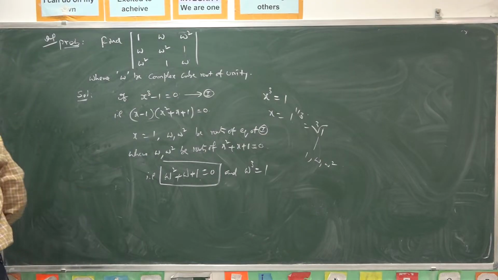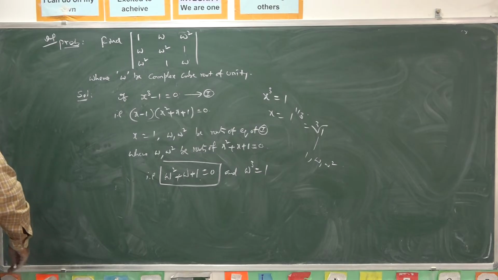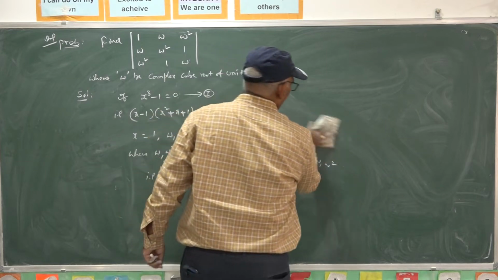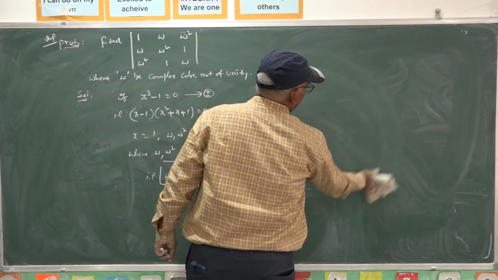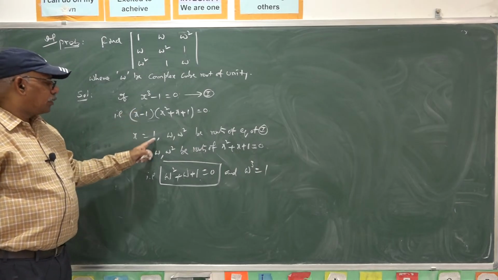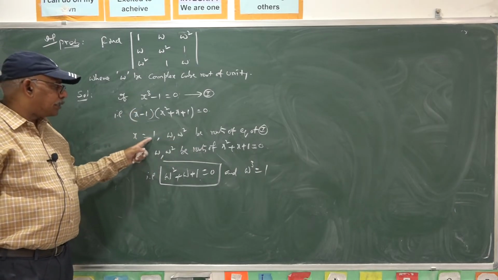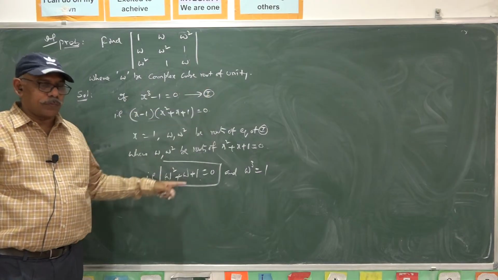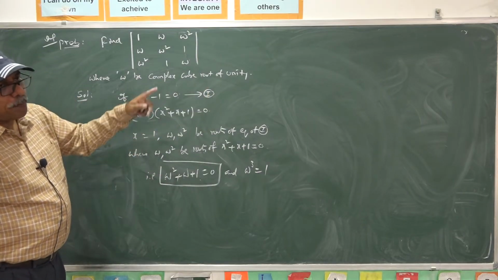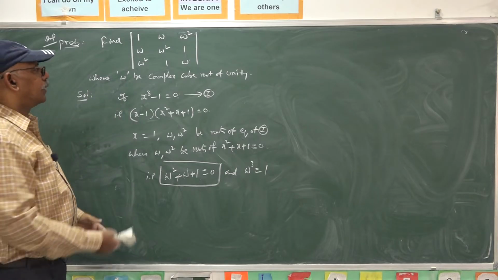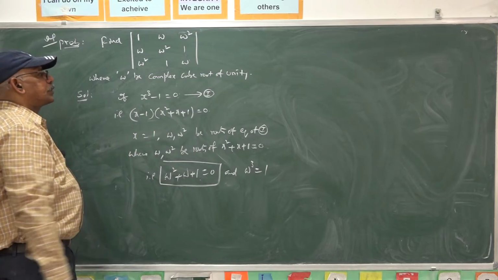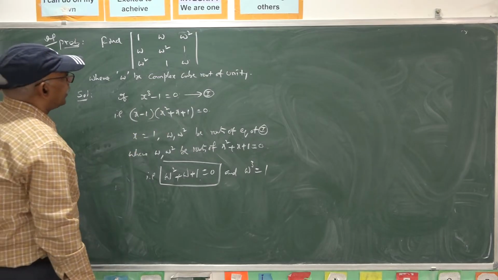This is the concept we know from complex numbers. 1, omega, omega square are said to be cube roots of unity. Out of 1, omega, omega square, 1 is the real cube root of unity. The other two, omega and omega square, are said to be complex cube roots of unity.